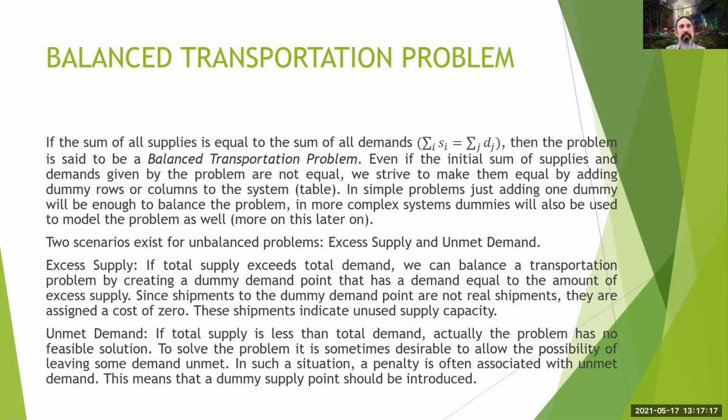That shortage is shown through the dummy supply point. The dummies, either supply or demand, are showing our shortages and excessive amounts. But still, we have to balance those. So we are going to use those dummy versions of it. You'll see what I'm talking about soon enough, the excess supply and the unmet demand stuff.